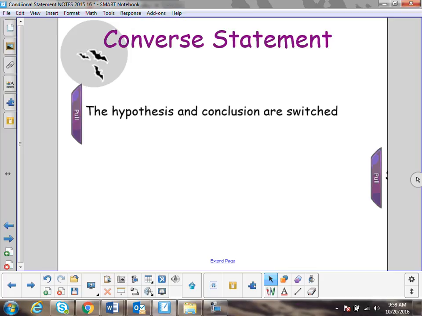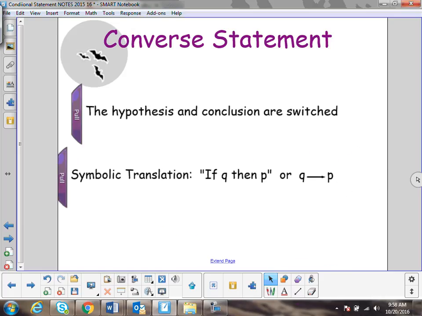All you do is switch them. So just say switch the hypothesis and conclusion. So the new symbolic form would be, remember which one came first last time? What did we write down? P first, right? So now it's going to be if Q then P. And so the arrow still goes to the right: Q, arrow to the right, and then P.